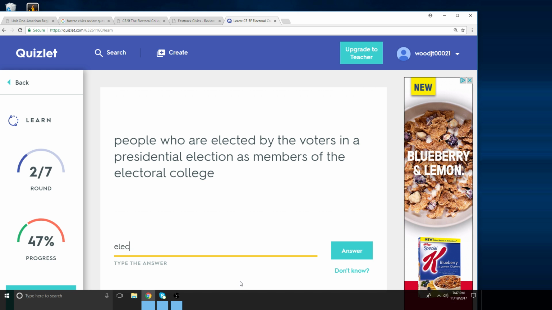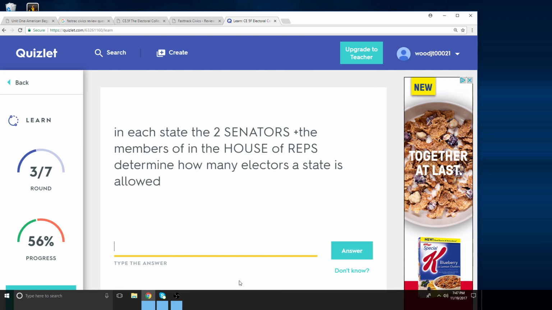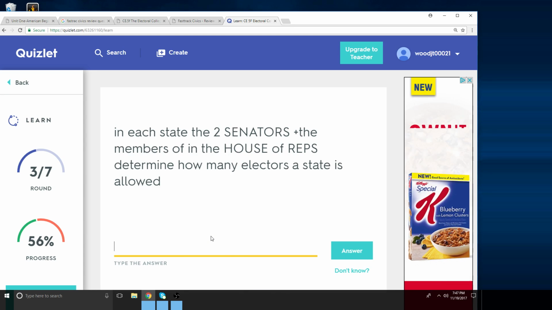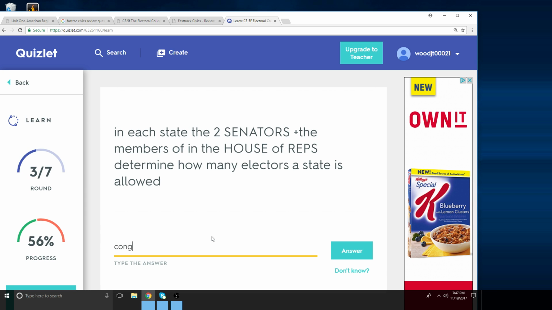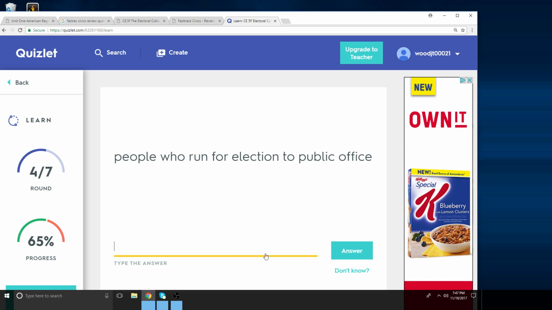Our electors. Again, I'm doing this more so you guys have something to study off quickly if you like watching it in the morning or something. Congressional representation here. Again, 2 senators plus our reps. Look at that. People who run for public office as candidates.